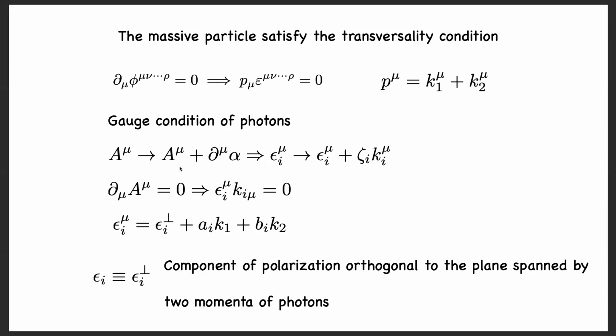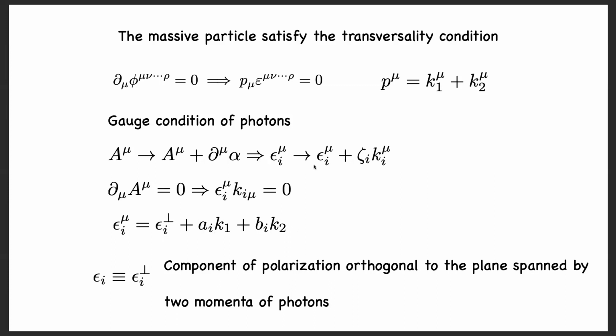And for the photon, we have the two gauge conditions. Let's say I represent the polarization of the photon, which is orthogonal to this plane defined by the K1 and K2 vectors. K1 is the momentum of photon 1, K2 is the momentum of photon 2, and this is the component orthogonal to the two.